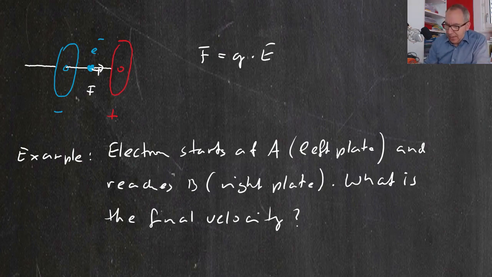We could do an example here. So the electron starts at plate A here. Let's assume it is just at rest, and it will experience a force, therefore it will be accelerated and will end up at plate B with a certain final velocity. So what is this final velocity?